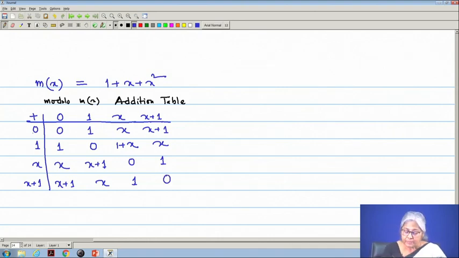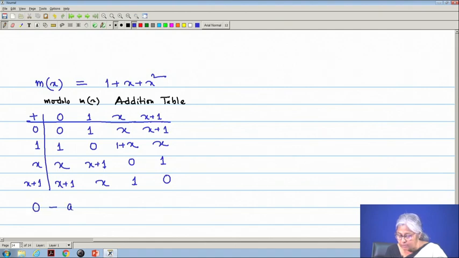Now, we see 0 plus 0 is 0, 1 plus 1 is 0, x plus x is 0, x plus 1 plus x plus 1 is 0, and 0 is the additive identity.